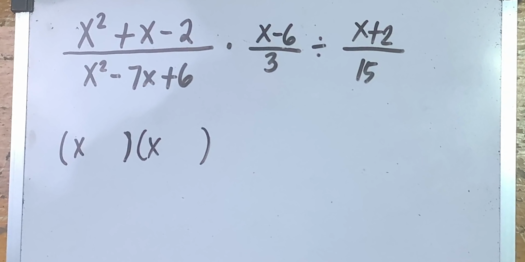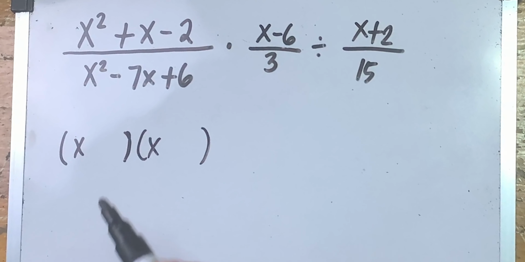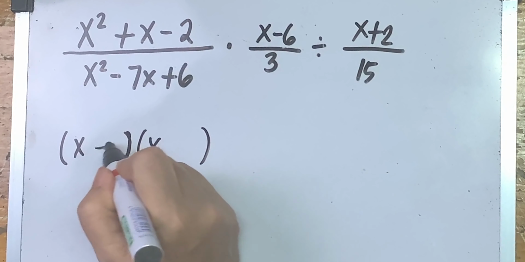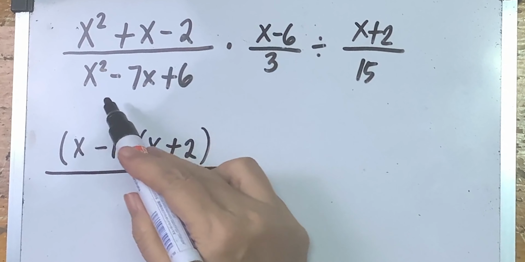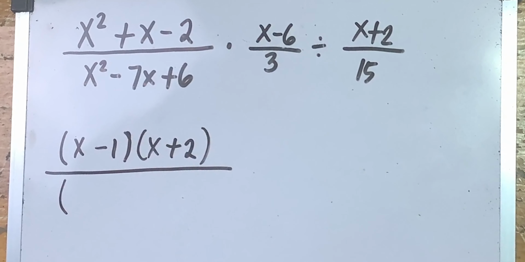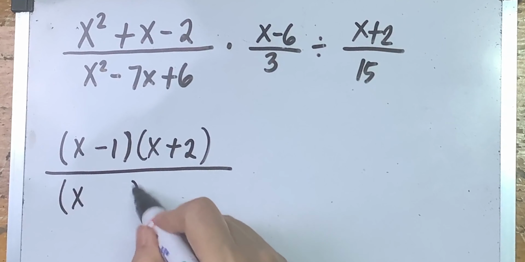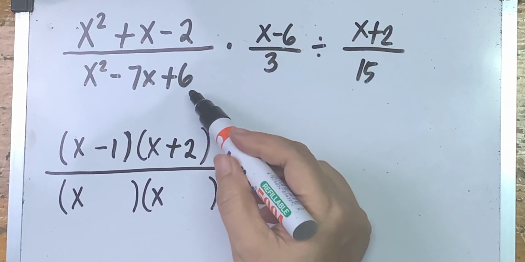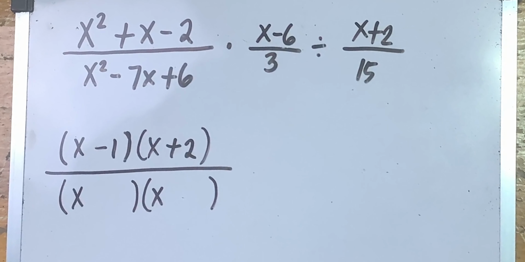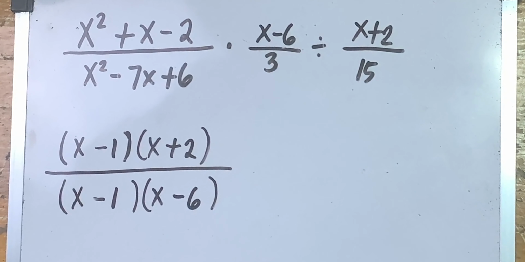Factors ng negative 2 na magbibigay sa atin ng positive 1 is simply minus 1 plus 2 over, kunin natin yung factors ng denominator. So, x squared, factor natin yan. That will give us x and x. And then factors ng 6 na magbibigay sa atin ng negative 7, x will be negative 1 and negative 6.